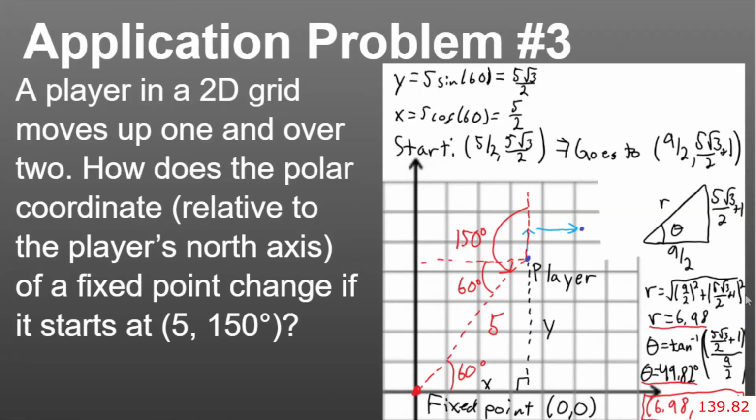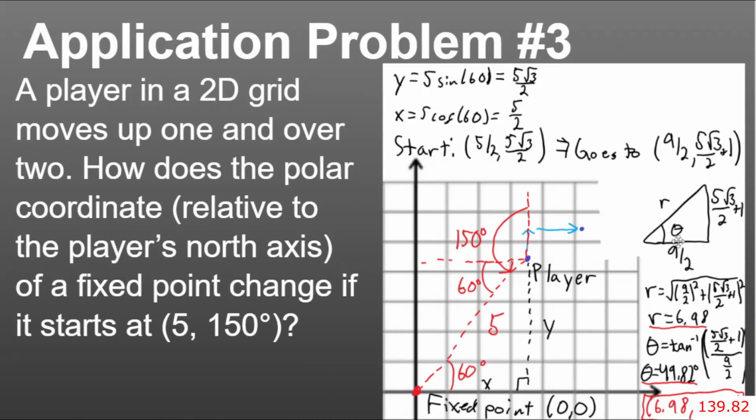So here I've drawn our new triangle. This is our first triangle. I drew our second triangle. Now we know the length of our legs, but we don't know our radius and our angle. So solving for our radius, we can use the Pythagorean theorem, and we get that our radius equals approximately 6.98.